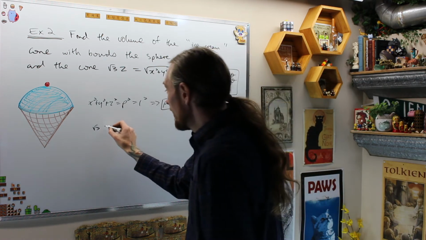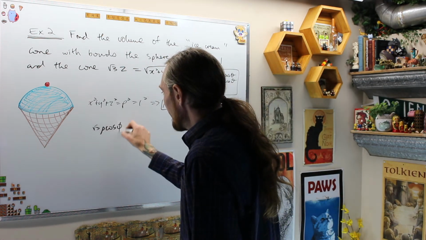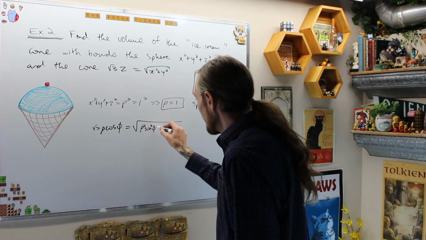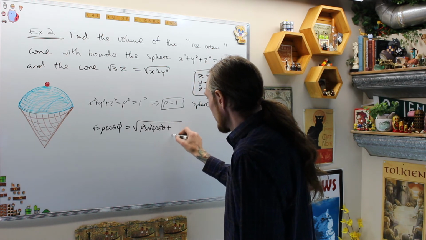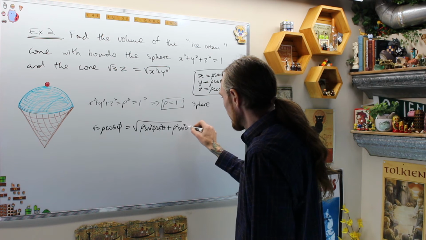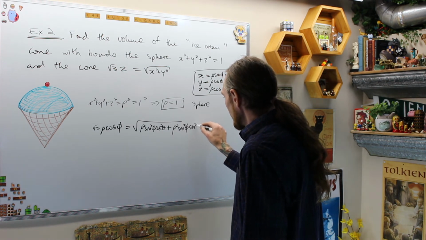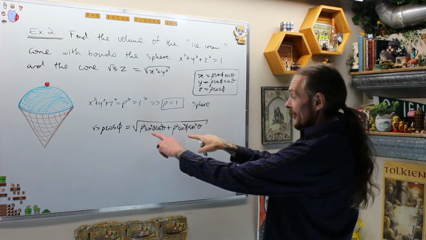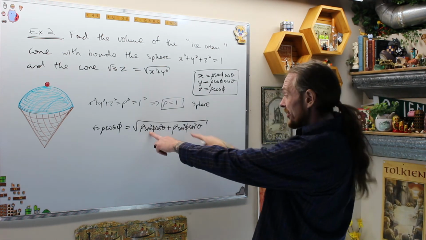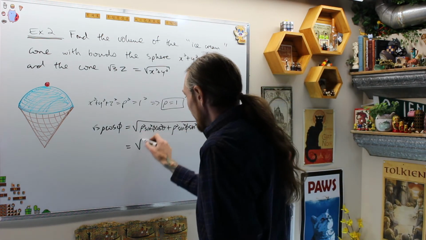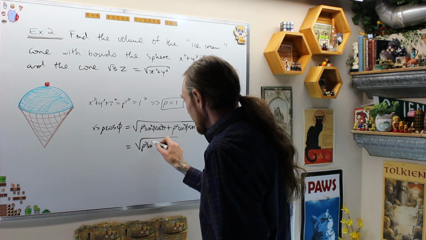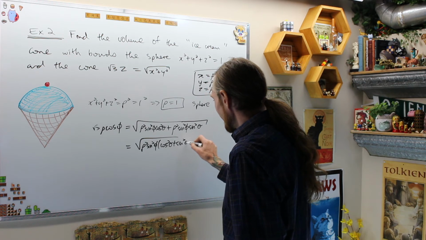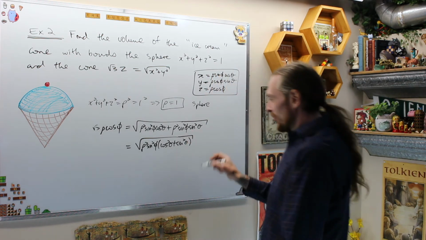This is root 3 rho cos phi equals the square root of rho squared sine squared phi cos squared theta plus rho squared sine squared phi sine squared theta. Oh, I can just smell a trigonometric identity. I have rho squared sine squared phi in both terms. I'm going to factor that out. That's going to give me the square root of rho squared sine squared phi times cos squared theta plus sine squared theta. Pavlov is already biting at the biscuit.